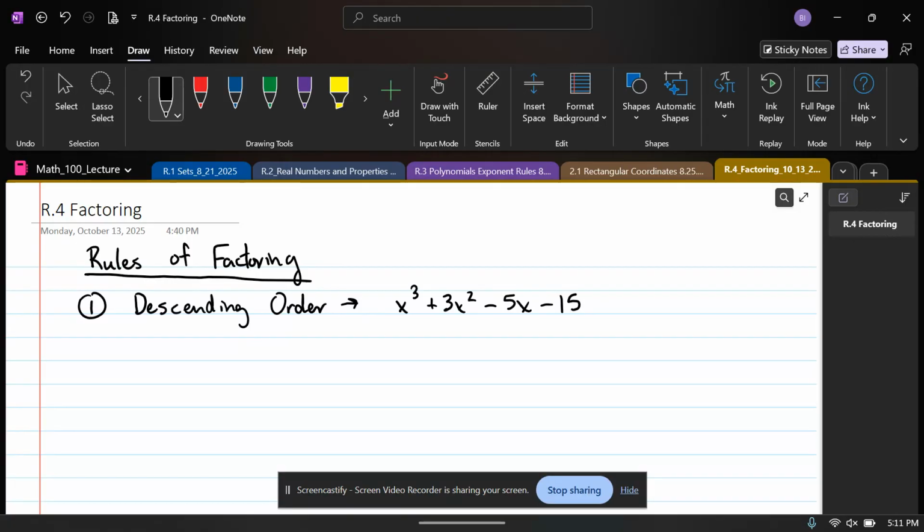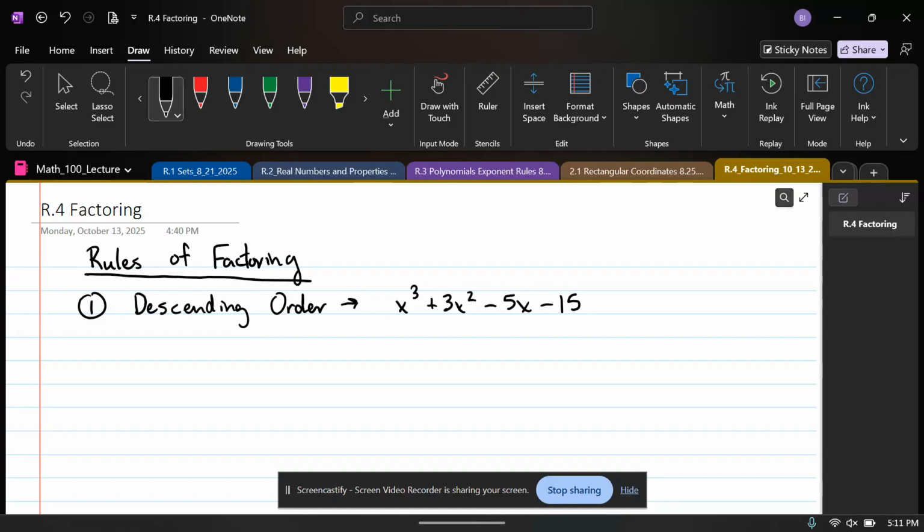That's descending order. Make sure it's in that order. If it's not in that order, that doesn't mean you can't factor it. It's just going to be harder. So if you put it in descending order, it gets a lot easier. It just organizes things to make your life a lot better. Anytime we can make anything in math easier, we want to make it easier.